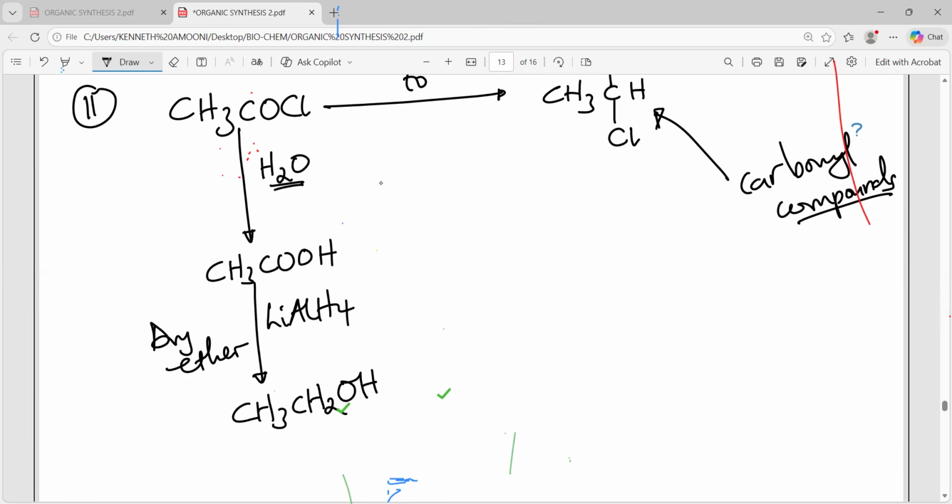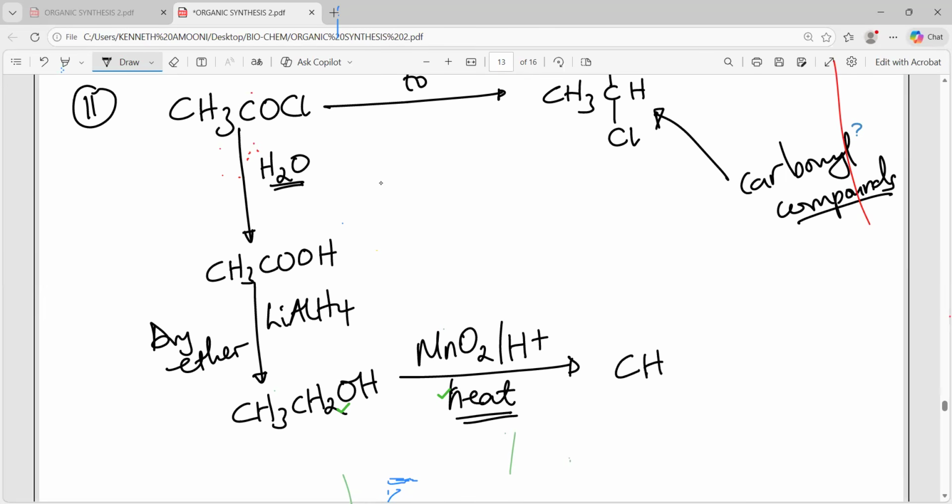Then we shall convert it to a carbonyl compound. Remember, we are going to use what? A weak oxidizing agent, because we are using a primary alcohol. If we use a strong oxidizing agent, the primary alcohol would be oxidized directly to a carboxylic acid. But in this case, we are stopping at an aldehyde.